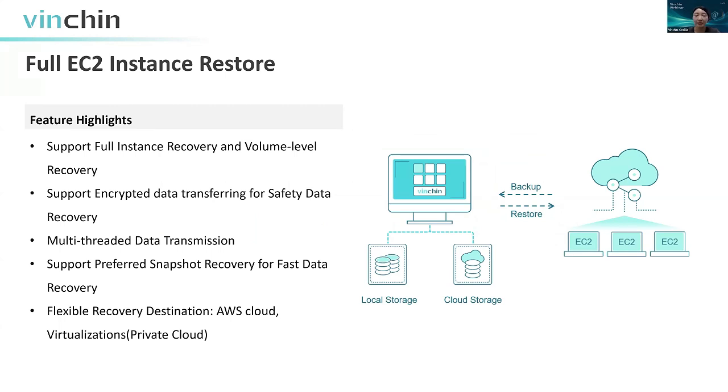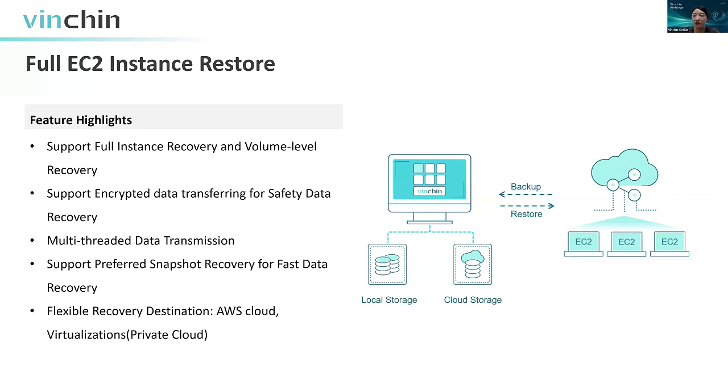And just like the backup, you can perform the restore with a wide range of advanced features like encrypted data transferring and multi-threaded transmission for an efficient recovery process. And Vinchin supports snapshot recovery as a preferred recovery method.